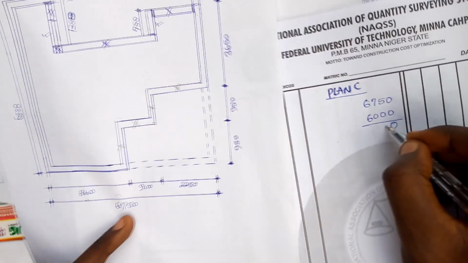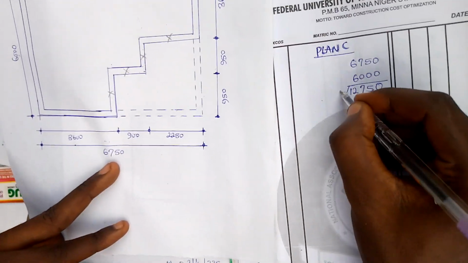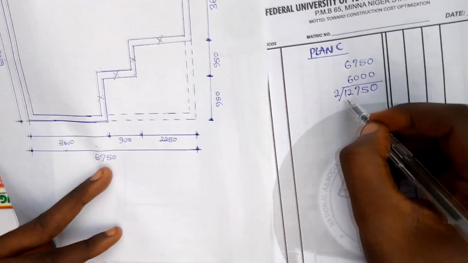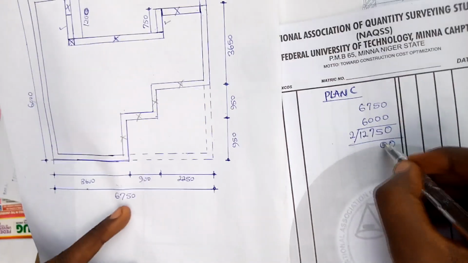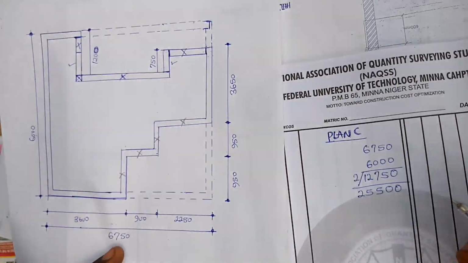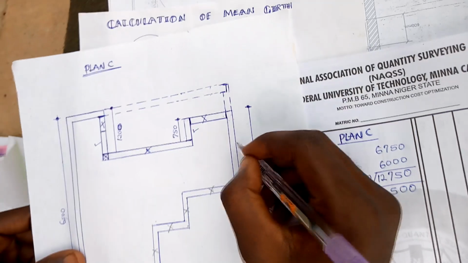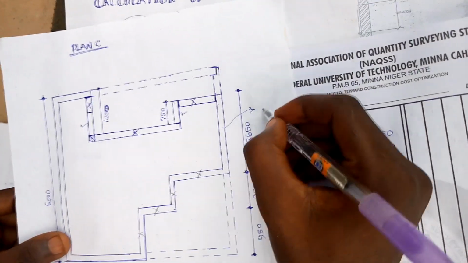Now I have 12,750 multiplied by 2. So this is going to give me 25,500.